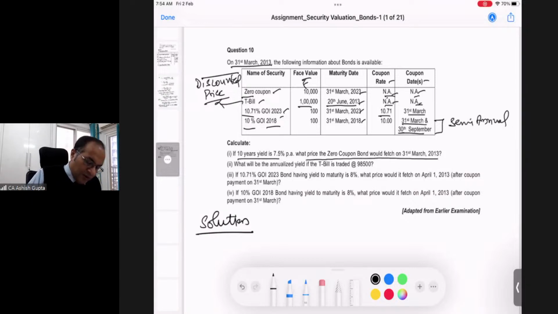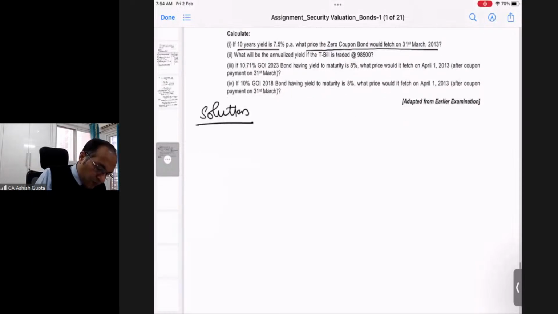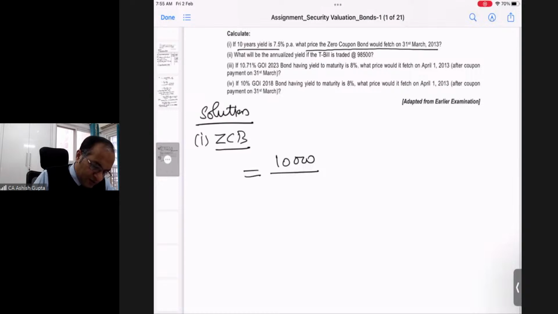Now here, first of all, we compute the value of the zero coupon bond. Now student, please remember, for a zero coupon bond there is a very simple formula. There is no rocket science here. Value of zero coupon bond is, okay, before I write it down, let me explain so you get clear.